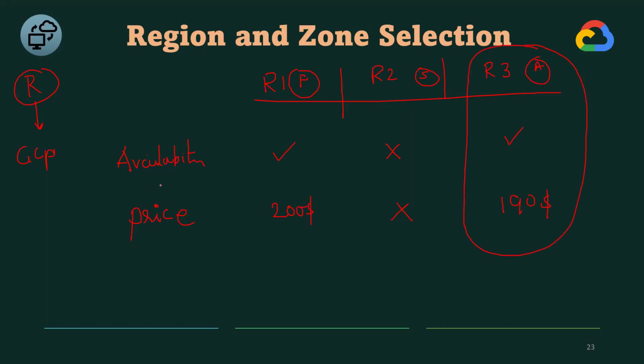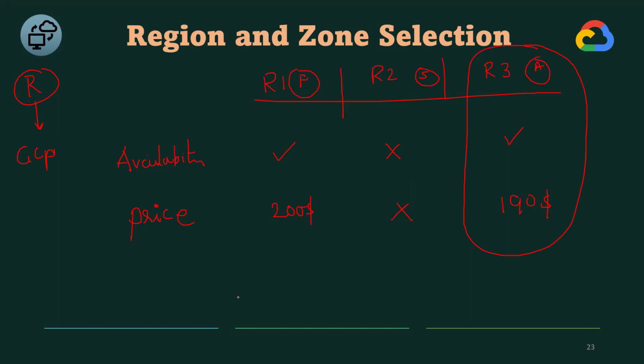So whenever you wanted to create a resource in GCP, you first check the availability of the resource, whether that particular resource is available in region 1, region 2, region 3 or not. If that is available, then you go for the pricing.